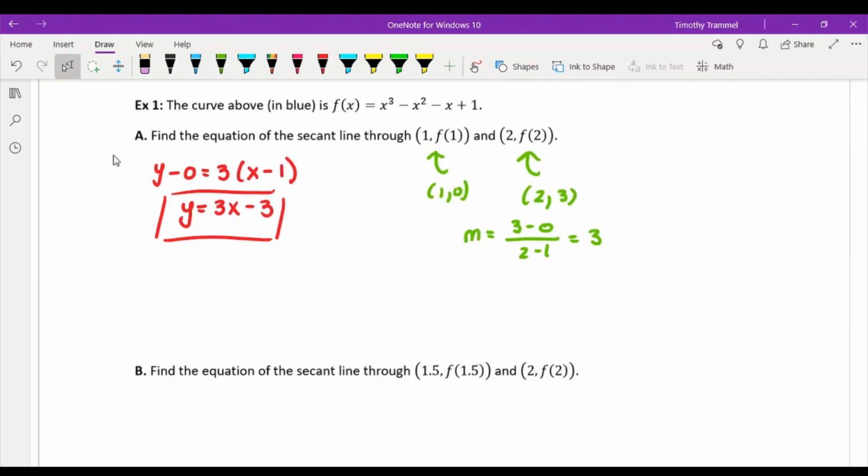All right, let's go ahead and move on to the next one. For the rest of these, I'm just going to write down the equation or the approximate equation, but you can verify as many of these as you would like. I don't want to waste too much of your time finding the equation of secant lines.